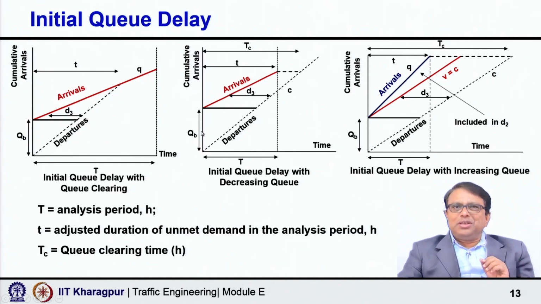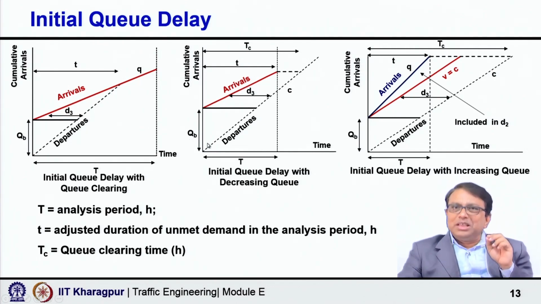So, what will happen in this case? After the analysis period, it will not be 0 like the first case, but it will be not same as QB or will not even increase further.